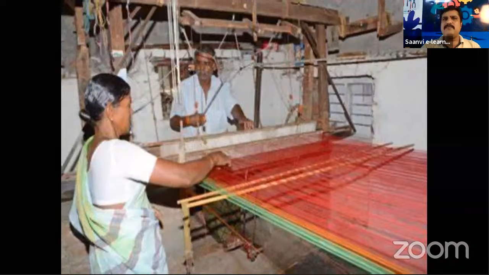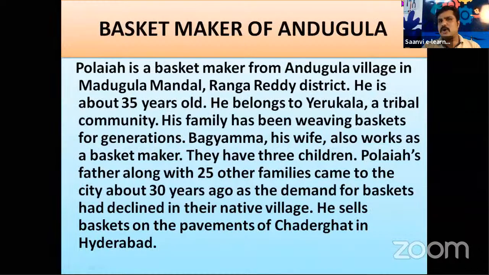And now here we have a heading from the concept of basket makers of Andugula village. Okay, so here Polaya is a basket maker from Andugula village in Madugula Mandal, Rangareddy district. So this is all rural area, village names. Advaita is laughing, I think, smiling when she heard about this.